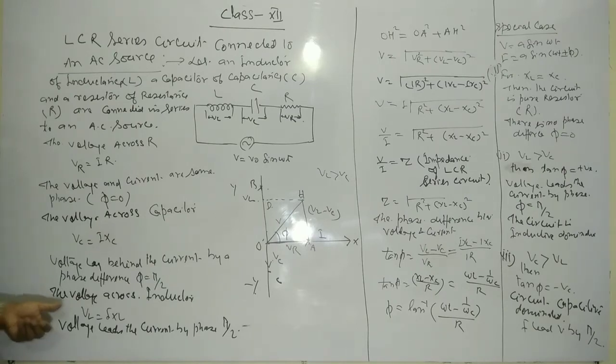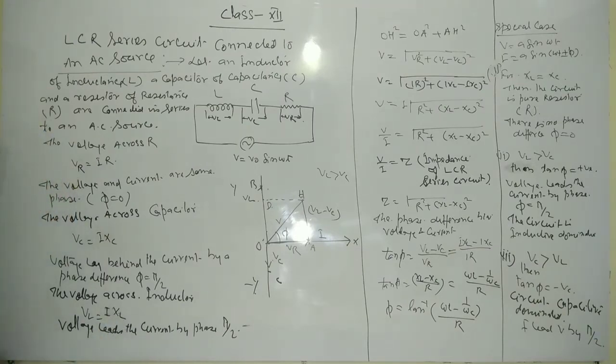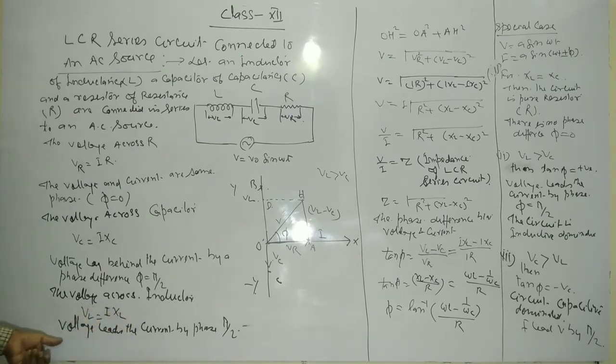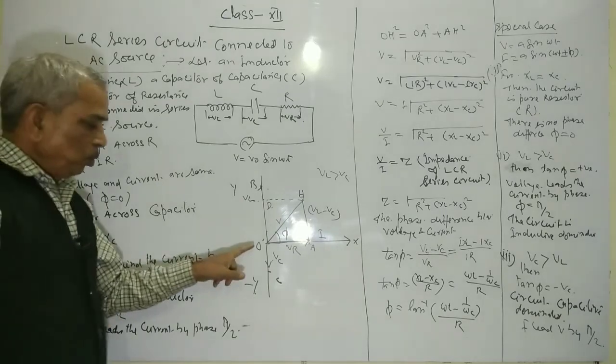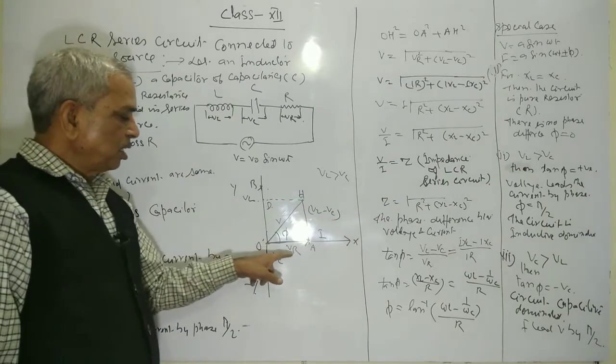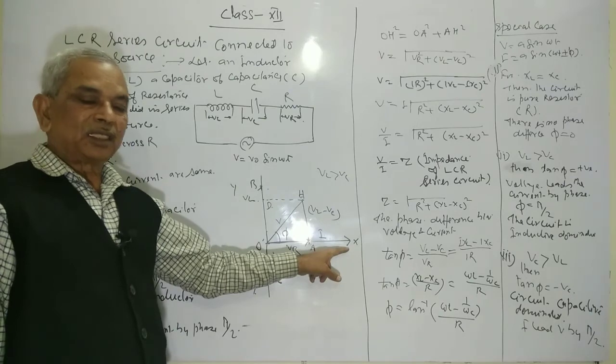And in case of inductor, the voltage equal to I XL, XL is inductive reactance, and voltage leads the current by pi by 2. So if we draw a phasor diagram, in the resistor, voltage and current are all in the x direction.